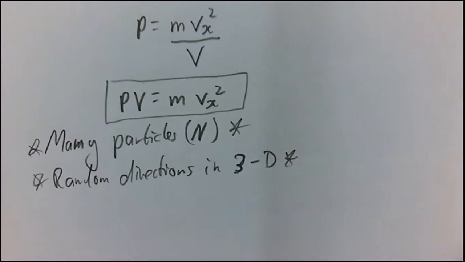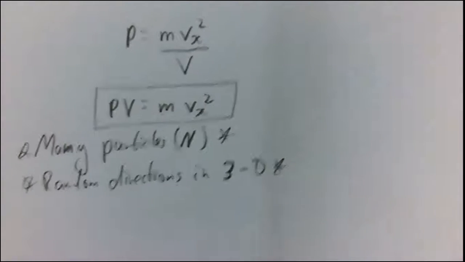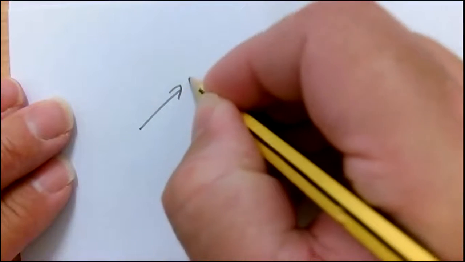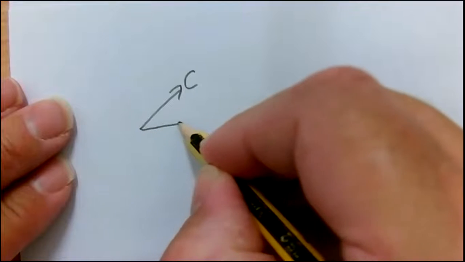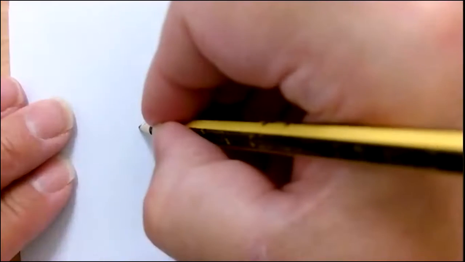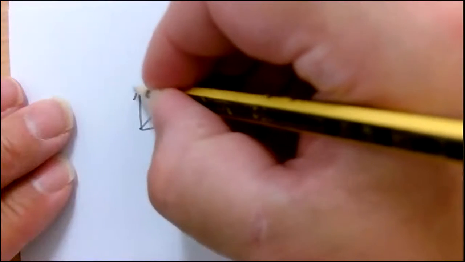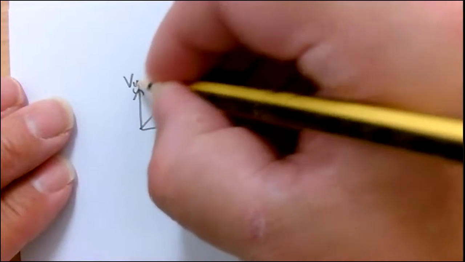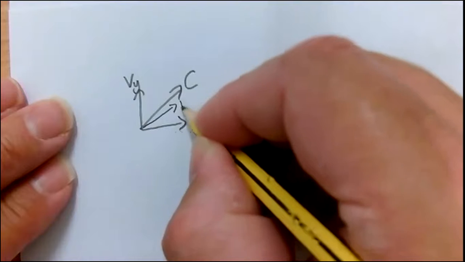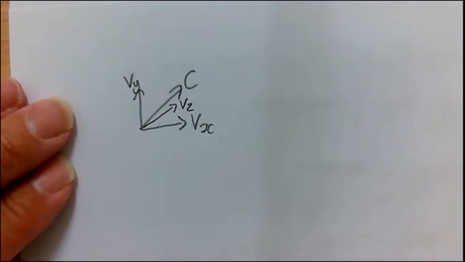Let's think about, first of all, 3 dimensions. If you've got a particle moving with a speed, which I will call c, that speed is going to have a component in the x direction that we looked at before, a component in the y direction, and also a component in the z direction.